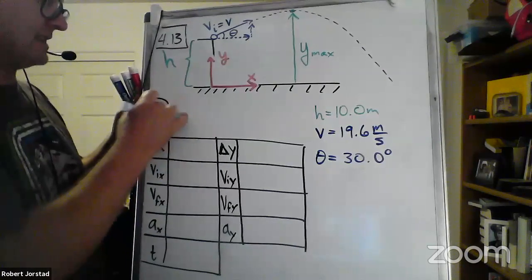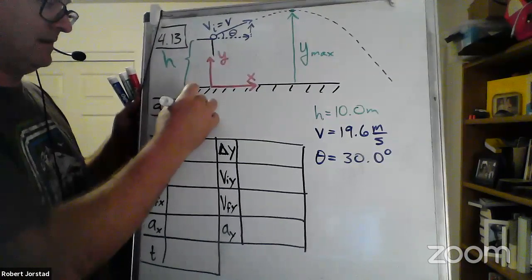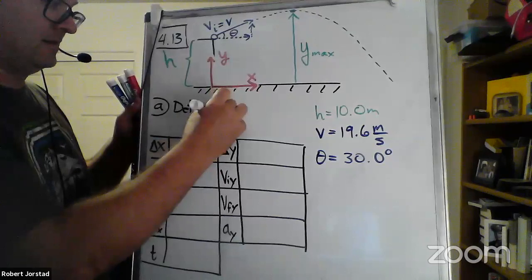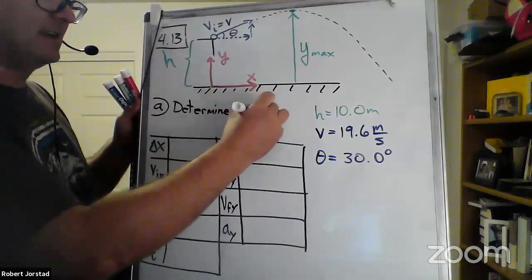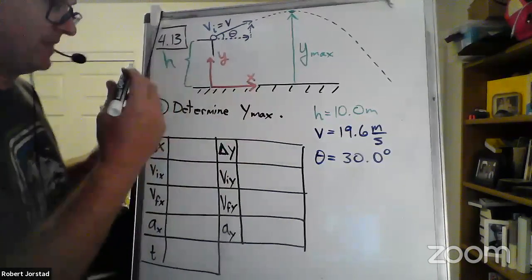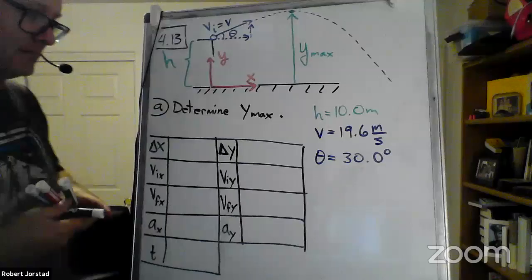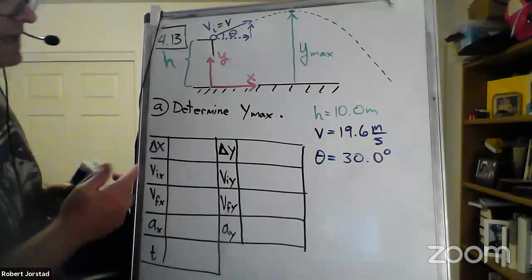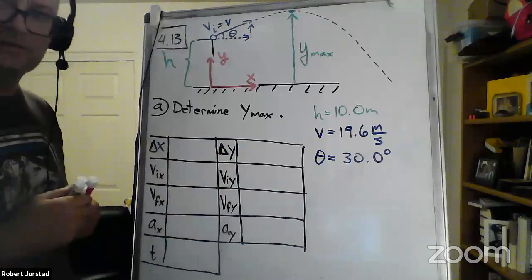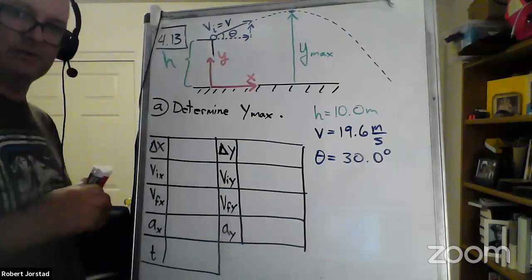So part A says determine Y max. And I think that was Jacob, right? Do you agree that it's not going to be negative 10, Jake? Yeah, because max height. Yep. So are you feeling brave, Jacob? What do you think delta Y would be based on the picture I drew here?